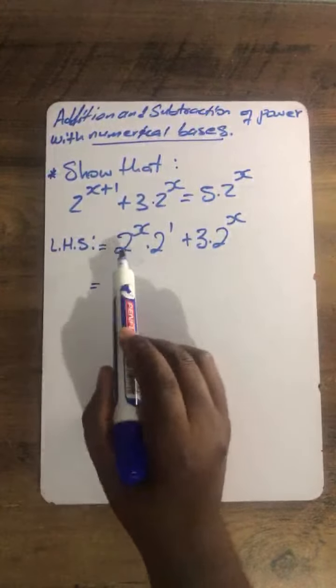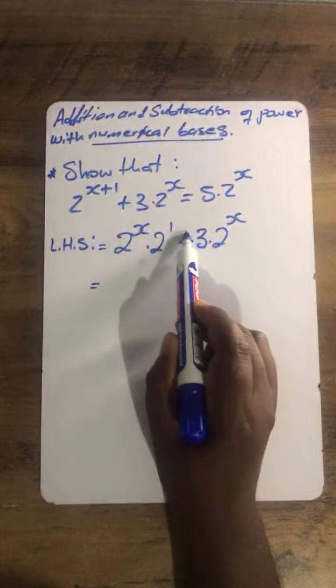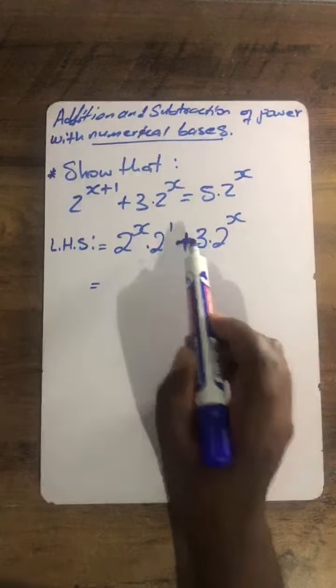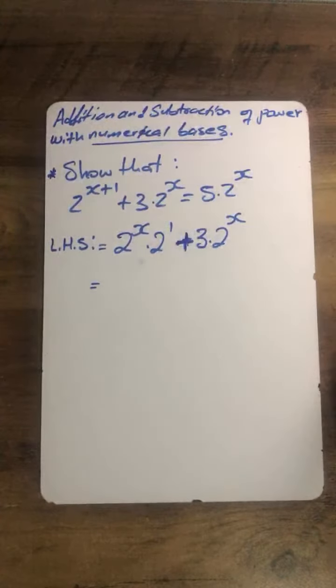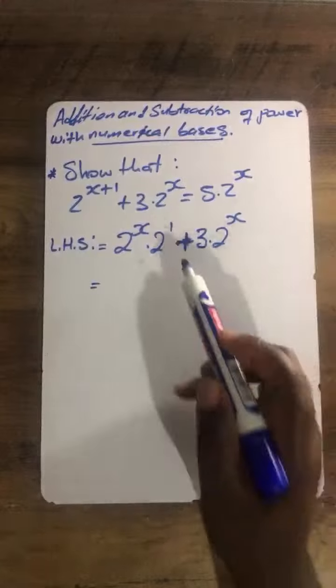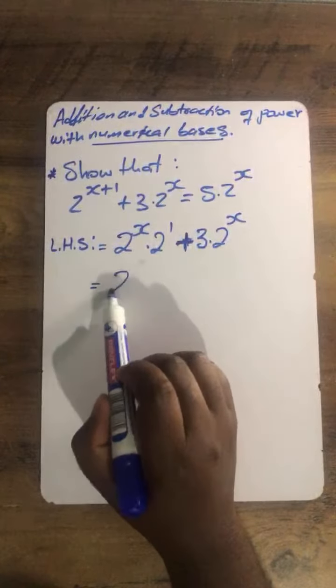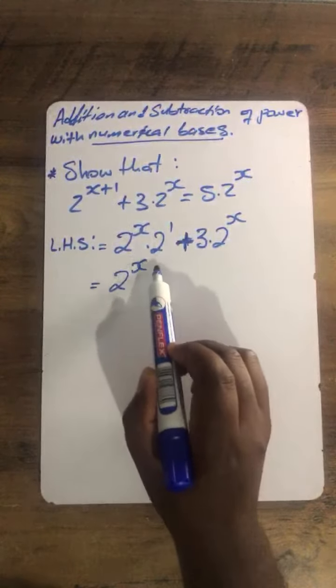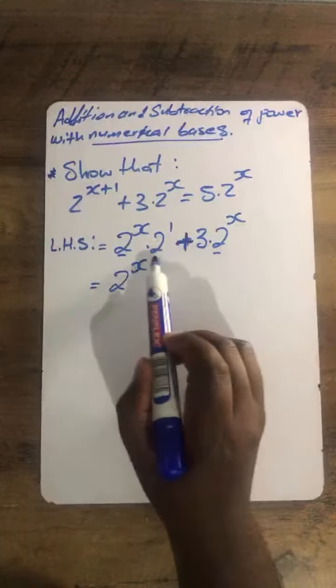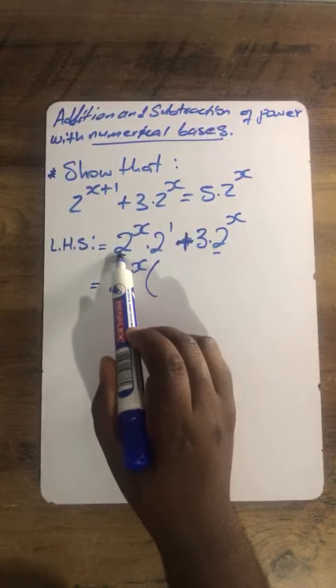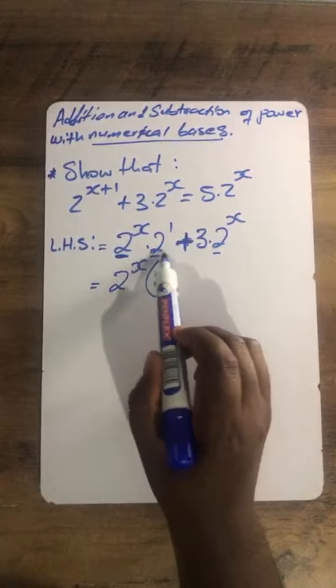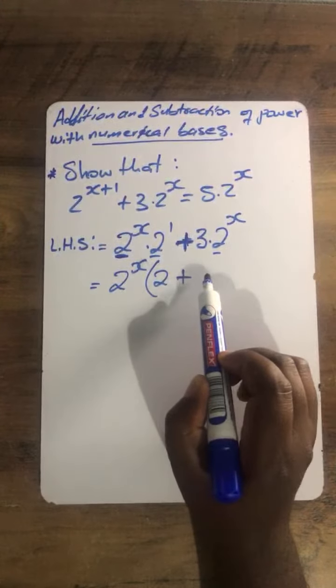On our second step, when we are dealing with additions and subtractions, this is where you will always factorize or take out something as common factor. So that means you can take out 2 to the exponent x to the outside, and what remains after you take it out is that 2, and then you have that same sign.